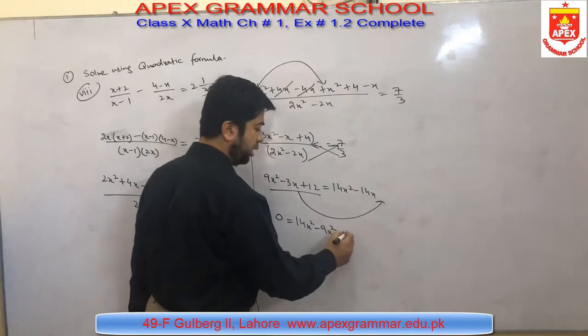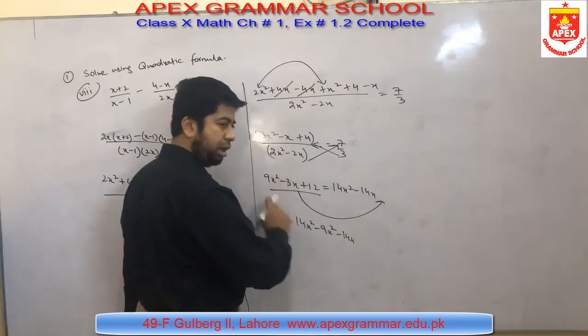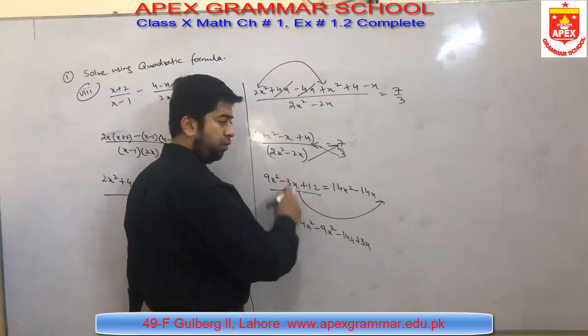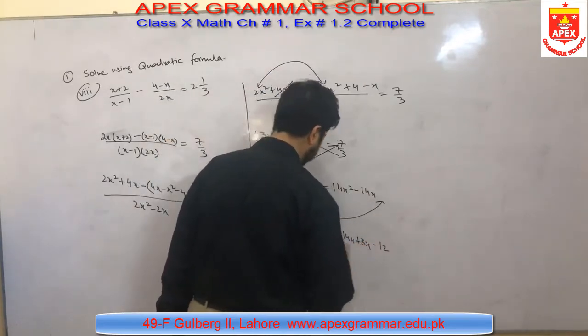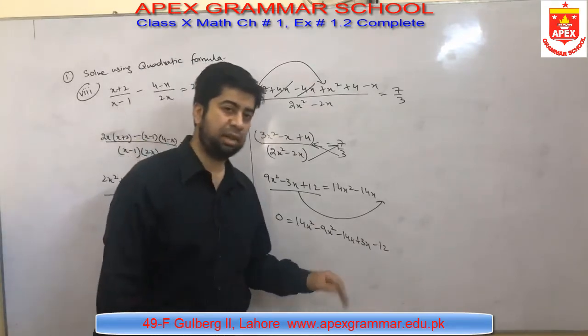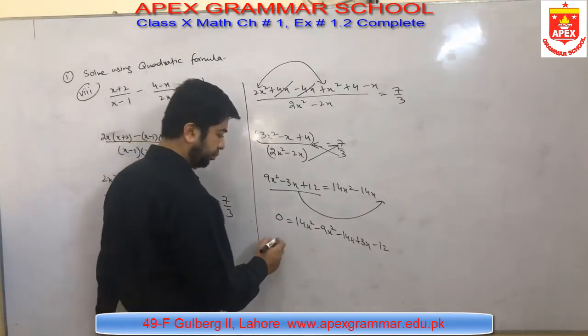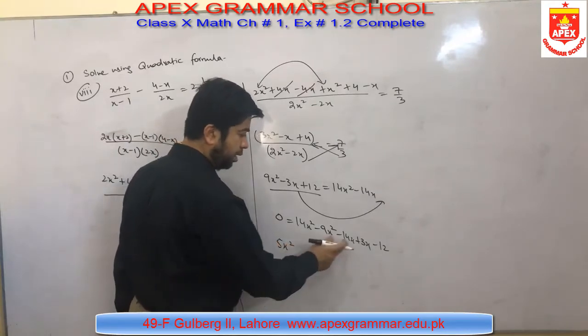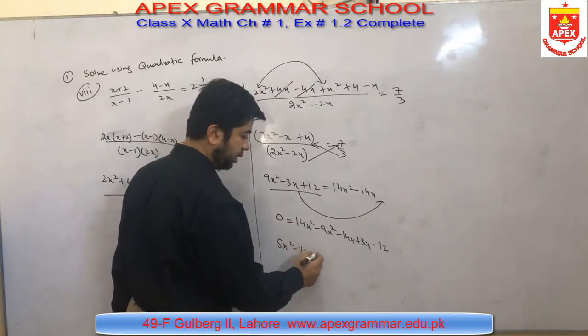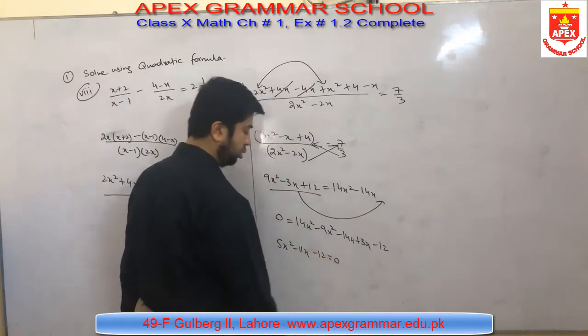After that minus 14x, and from here minus 3x, just shifted. After that this is plus 3x, and this positive 12, after shifting, this is minus 12. 14x square minus 9x square, 14 minus 9, that is 5x square, minus 14x plus 3x, minus 11x, minus 12 is equal to 0.